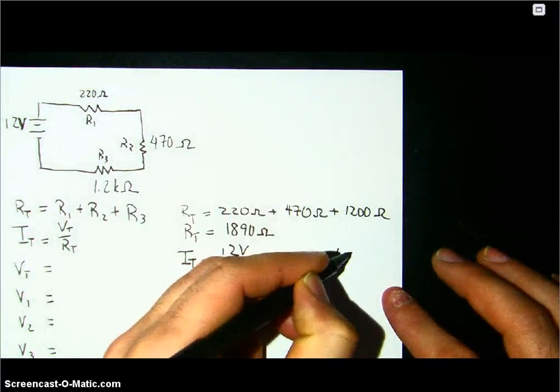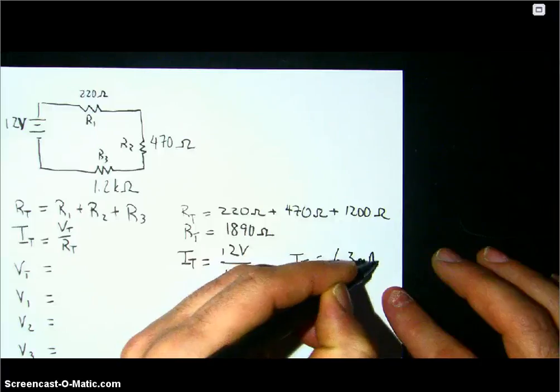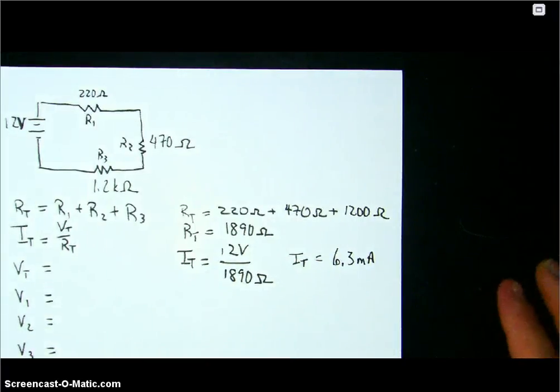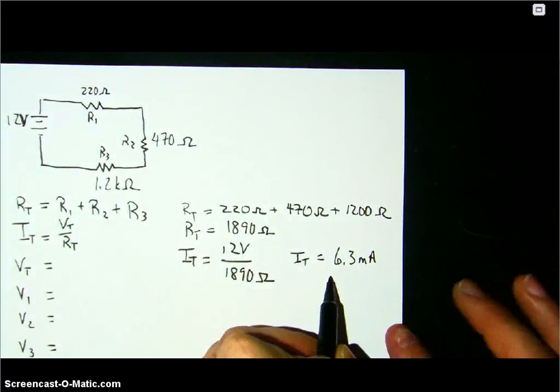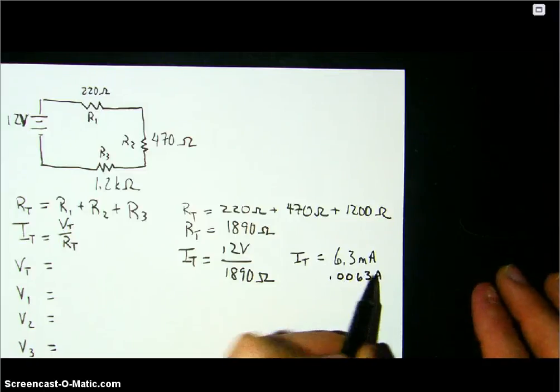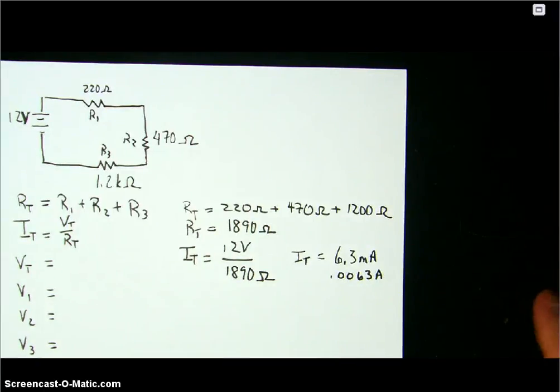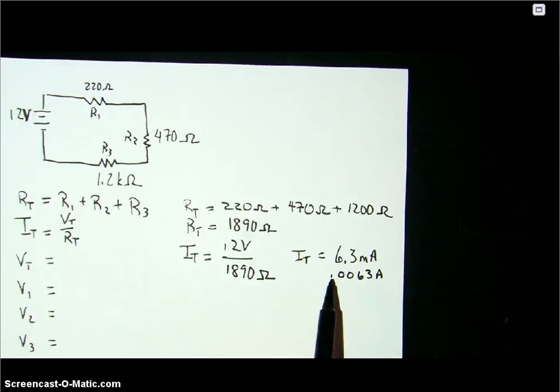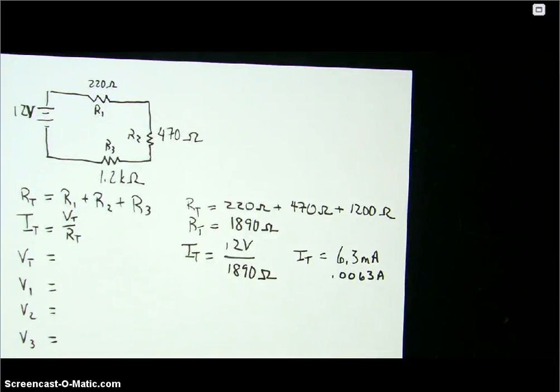Because if you said 6.3 amps, that would be a completely different answer. So 6.3 milliamps, if you didn't convert it, you probably had something like this then, 0.0063 amps, right? Milli is that thousandth of an amp, so we have to move the decimal place 1, 2, 3 in order to make it 6.3 milliamps.